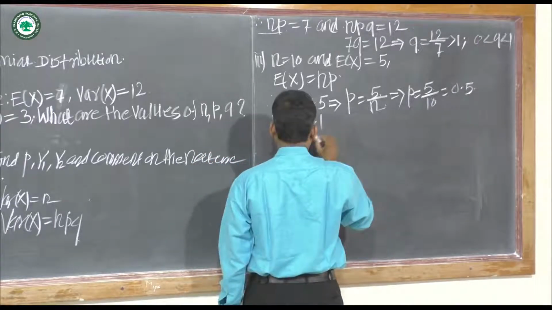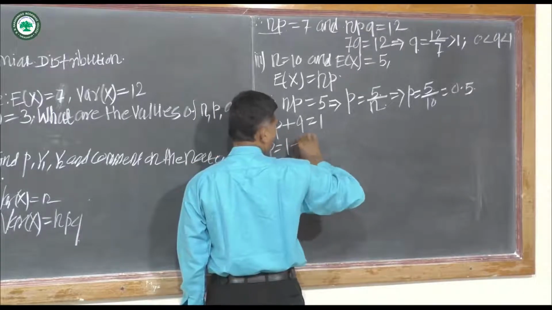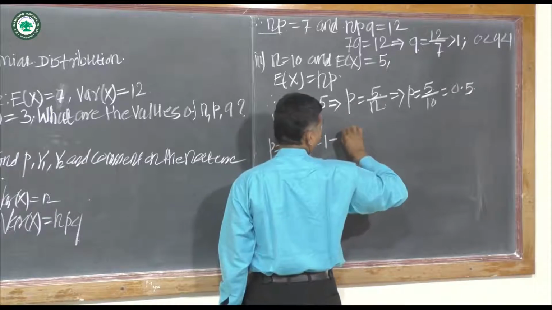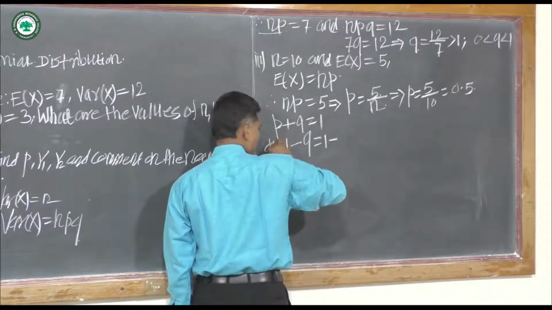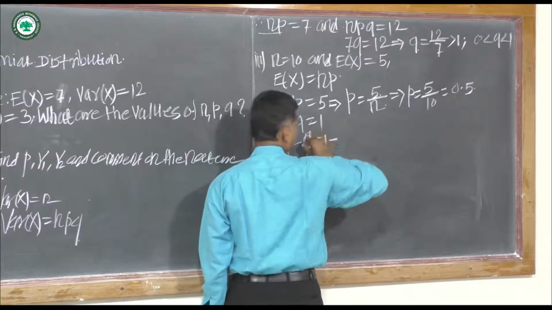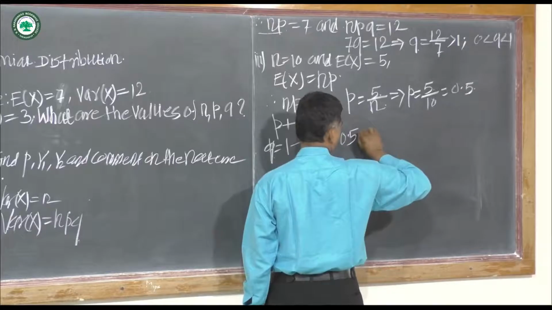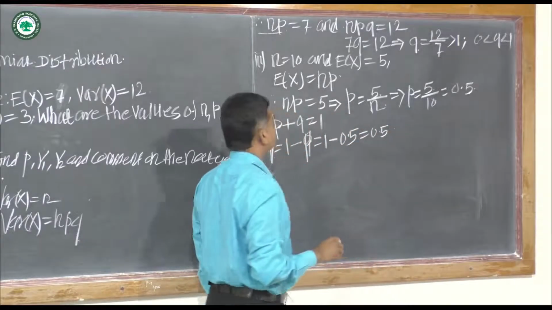Therefore, sorry, here q is equal to 1 minus p, which is equal to 1 minus 0.5 equal to 0.5.